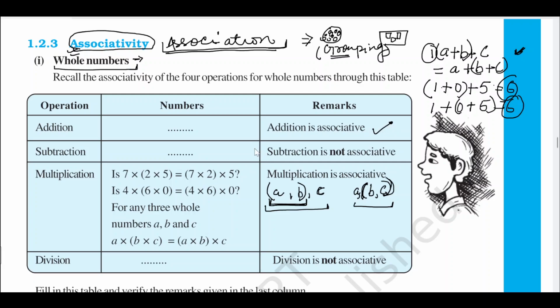We will check for subtraction. In the first example, we have taken the same numbers. We will just change the sign of the operation to subtraction. 1 minus 0 minus 5. What will be the result? 1 minus 5 will be minus 4.